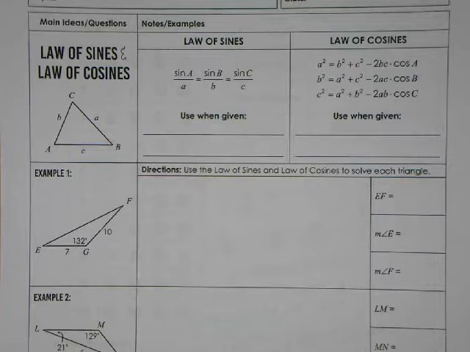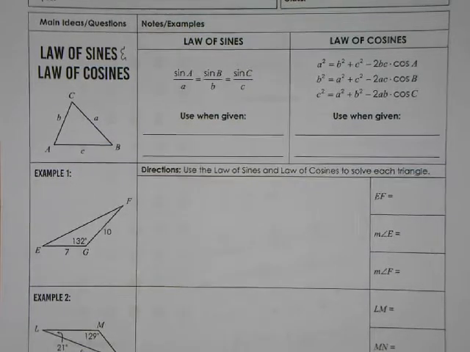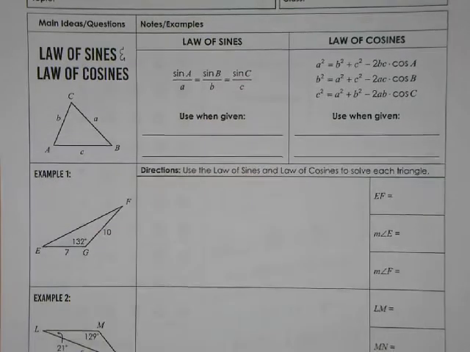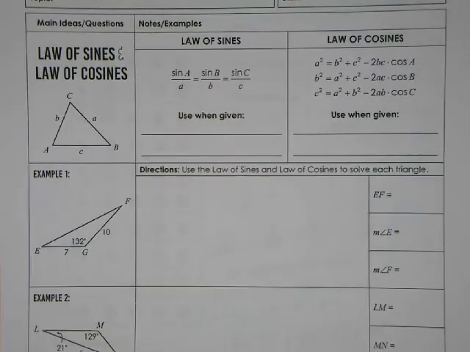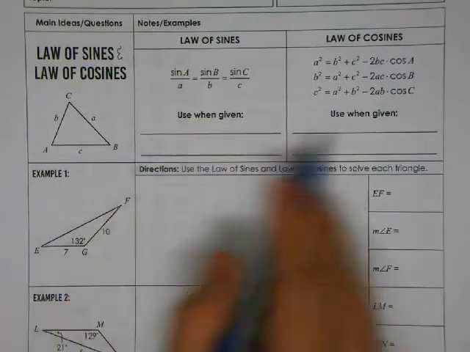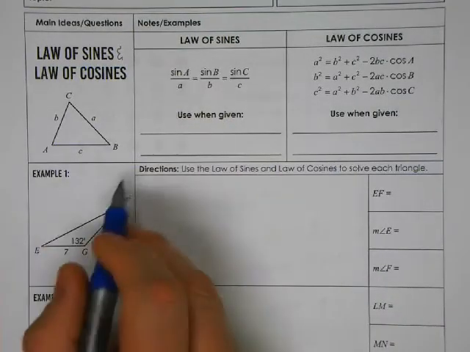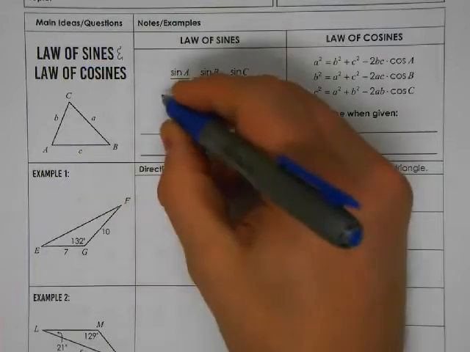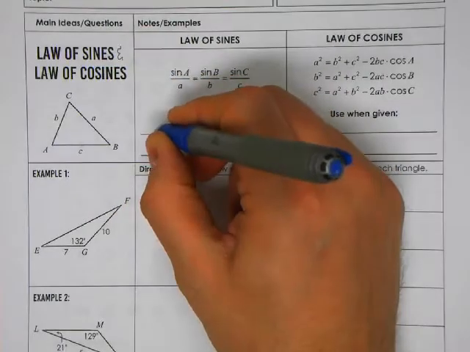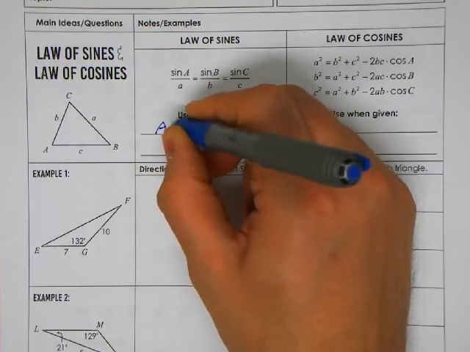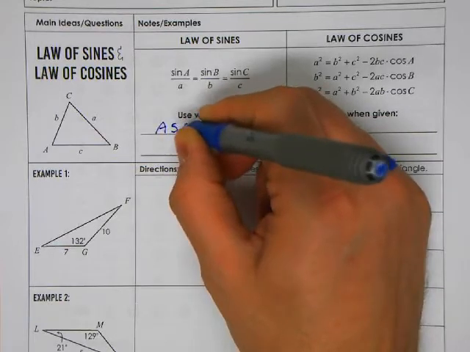So for law of sines, there are three sets of parts that we can look at, and we did talk about this in both the law of sines and cosines videos about when to use it. We can use the law of sines when I have the combination of an angle, an included side, and another angle.